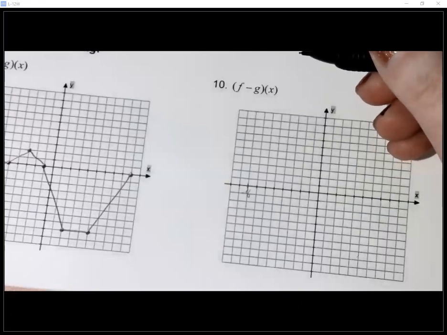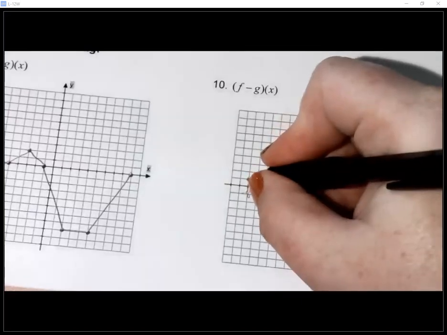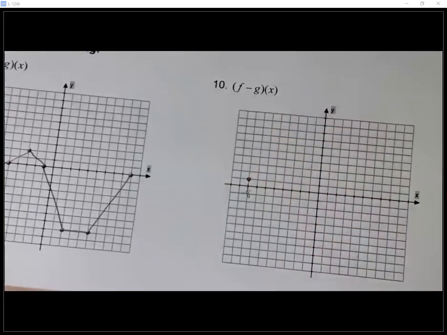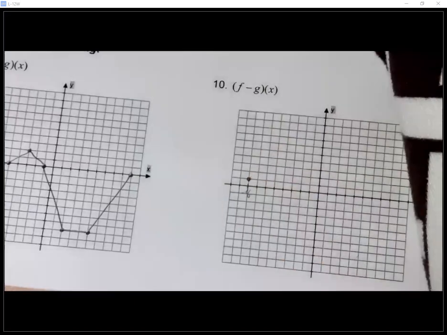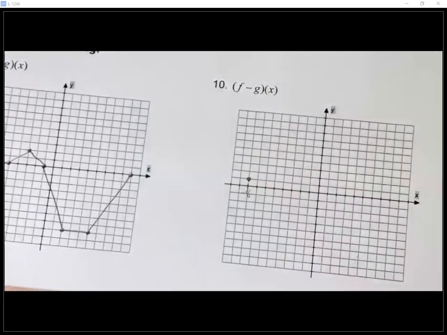Where do I end up? +1. Then at -5, I've got 3 minus -3. 6, yes.